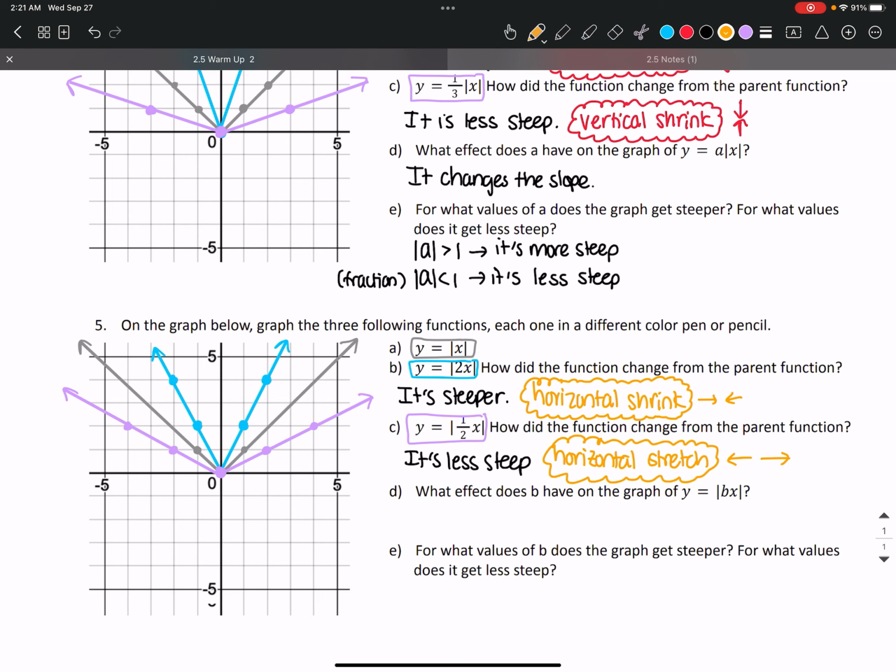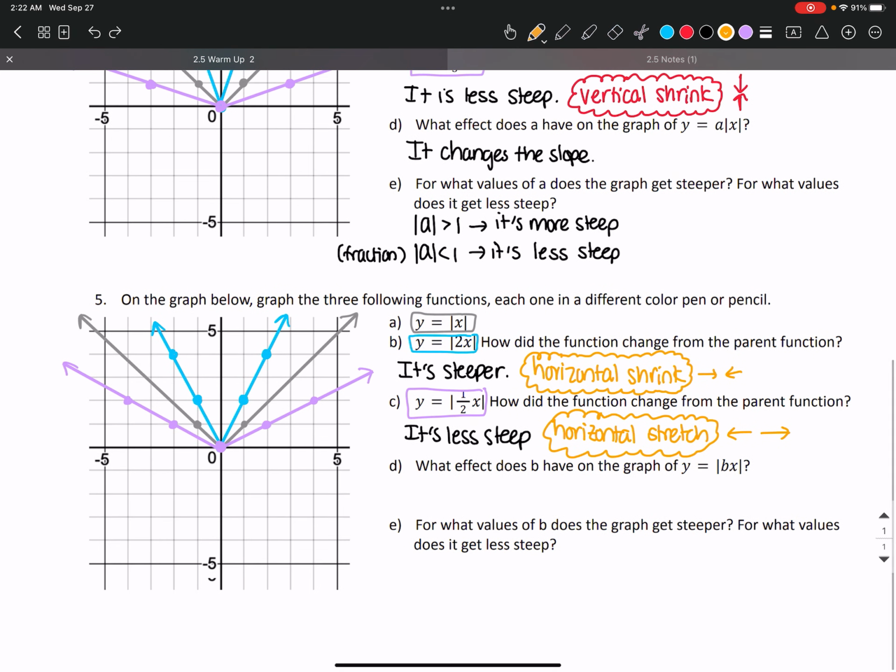And so I go from here to here. When I do that, it gets wider and flatter. Okay. You can think about it how you want to. If you want to think about it as a vertical stretch, then it's the same thing as a horizontal shrink. And if you want to think about it as a vertical shrink, it's the same thing as a horizontal stretch. They're the same thing.